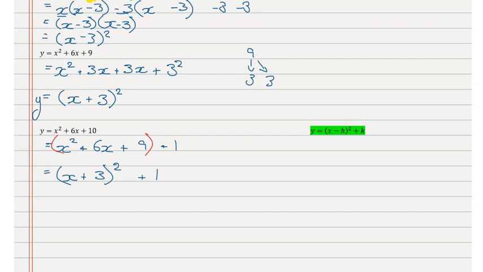Another way we could look at it, where this isn't going to cooperate as easily, is we could say y equals x squared, and then I'm going to split this coefficient of 6 into 2. So it will become 6 over 2 x plus 6 over 2 x plus 10. Now the next step is I'm going to introduce two new constants equal in magnitude but opposite in sign.